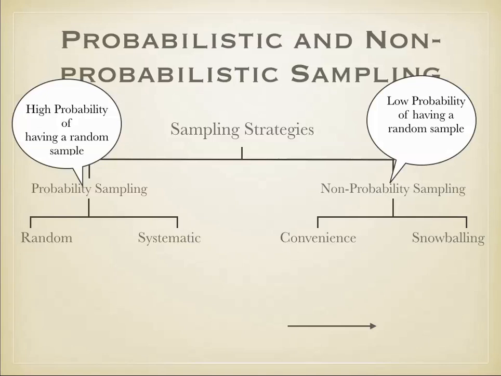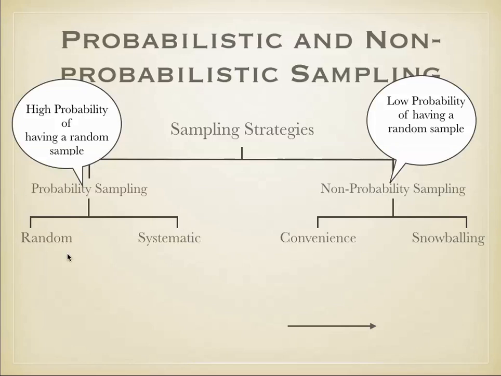Now, in quantitative sampling, there are two different kinds of sampling, what's called probabilistic sampling and non-probabilistic sampling, or probability sampling and non-probability sampling. And what those names mean is pretty much what it sounds like. In a probability sample, you're getting an equal chance of getting a true representation of a larger group.